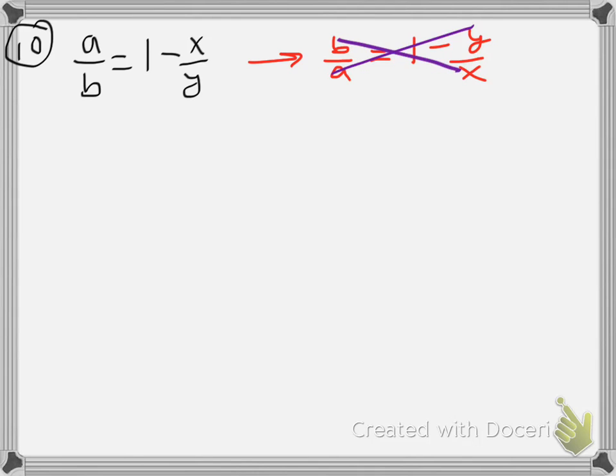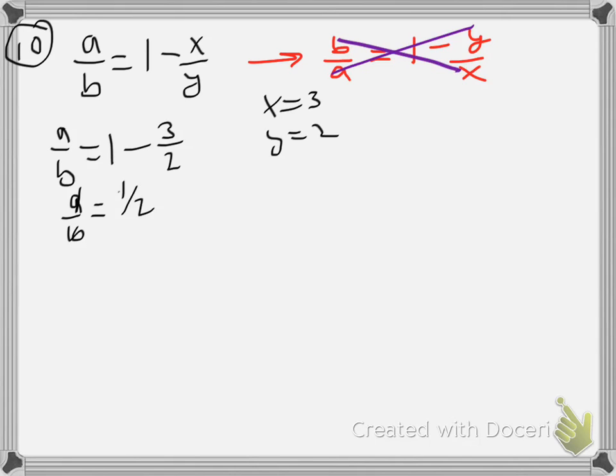You could put some numbers in and check. One way to check is, what happens if I put x equals 3 and y equals 2? If I put it in here, a over b will equal 1 minus 3 divided by 2, which is 1/2.